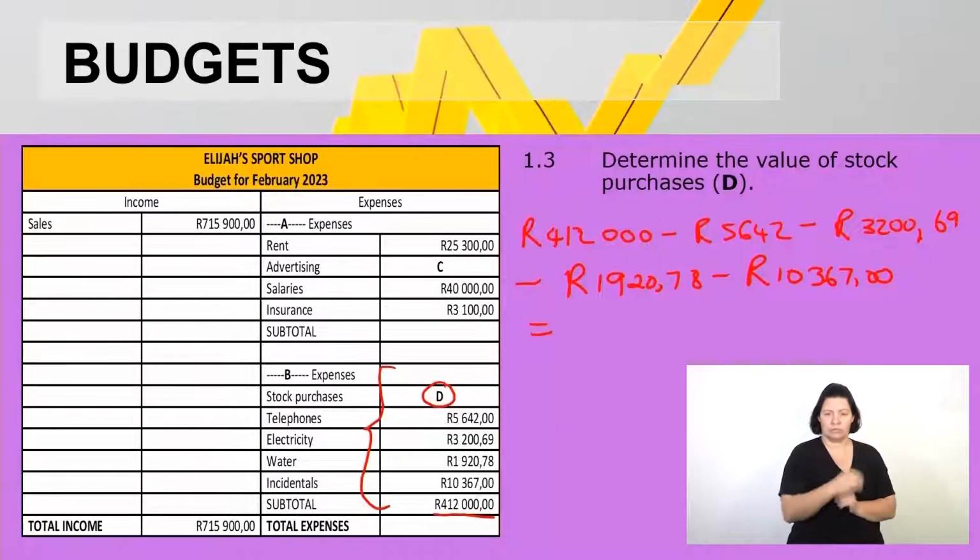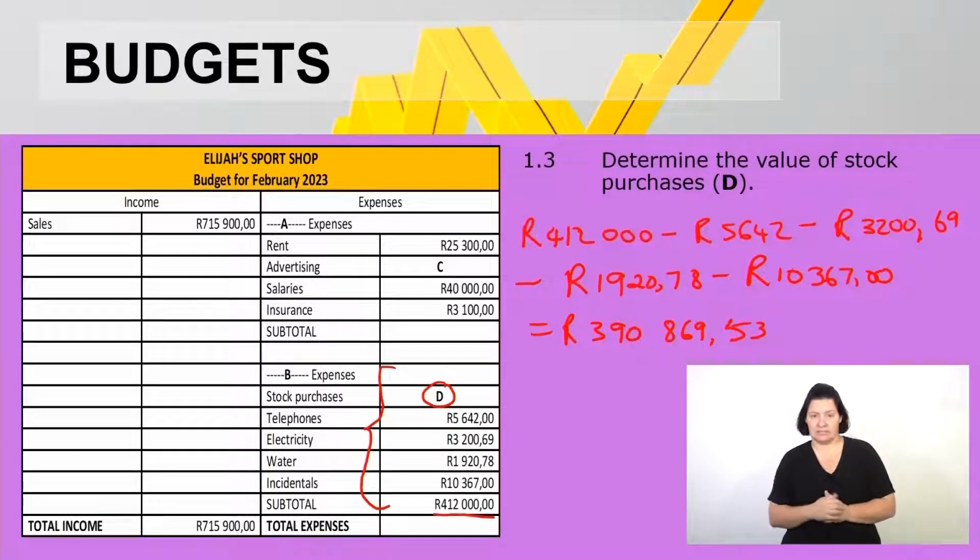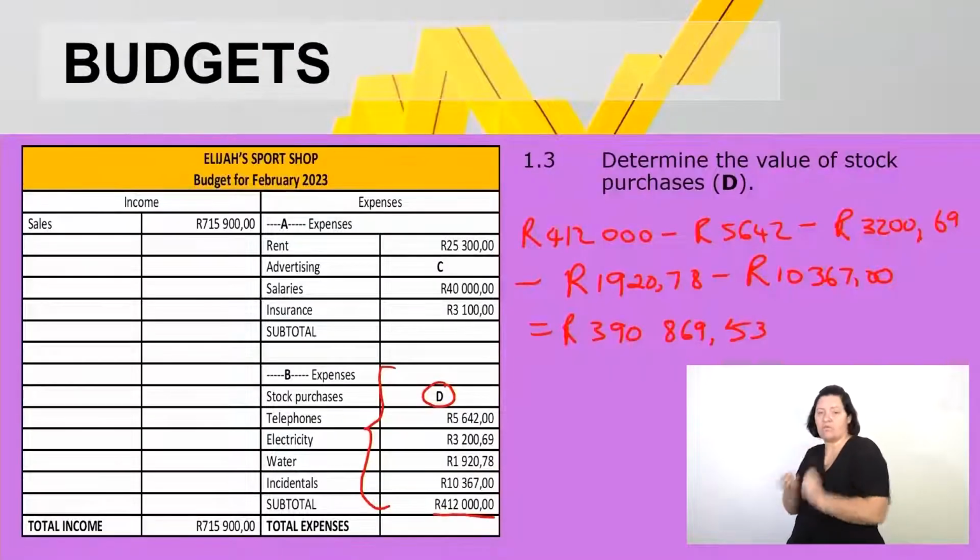So again, I'm going to type in 412,000 minus 5,642 rand, minus 3,200 rand and 69 cents, minus 1,920 rand and 78 cents, minus 10,367 rand. So that will give us a total of 390,869 rand and 53 cents. I hope that is clear to all of you. I took the 412,000, the total of the variable expenses, and I subtracted all the known values from that amount.